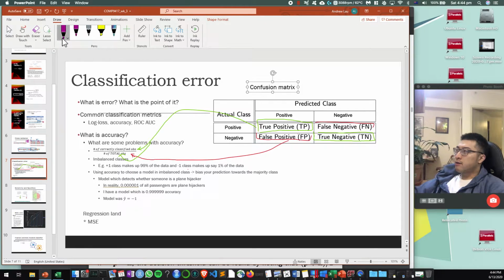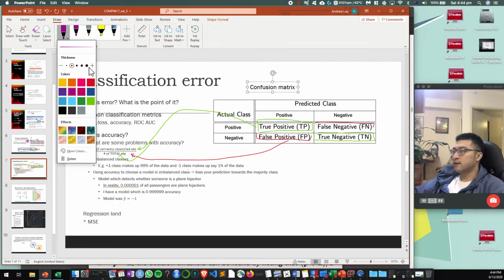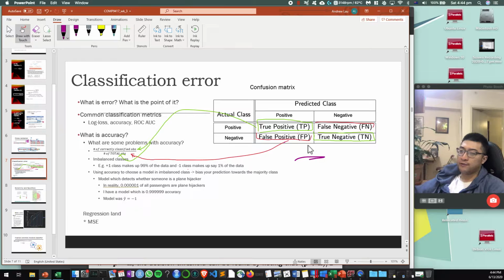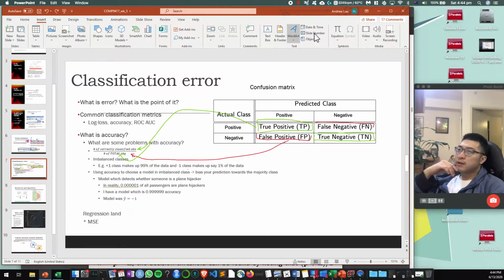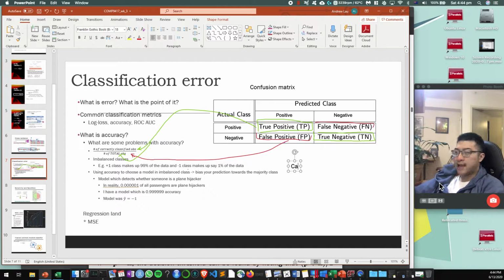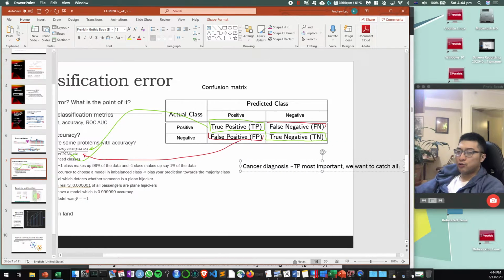There are good reasons why there are applications where you might prefer one or the other. Different algorithms might have different levels of true positive, false negative, etc. Now, I pose an example to you. Let's say this is cancer diagnosis. Possibly, I would argue that the most important thing here is true positive, because we want to catch all possible cancers.